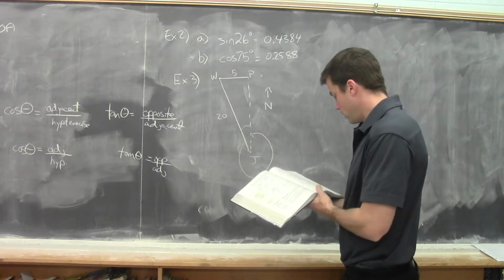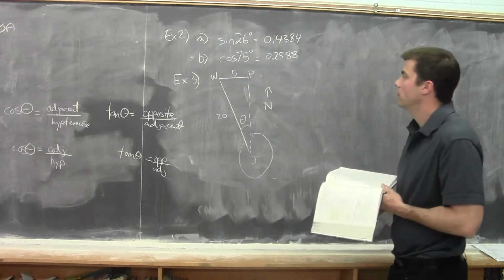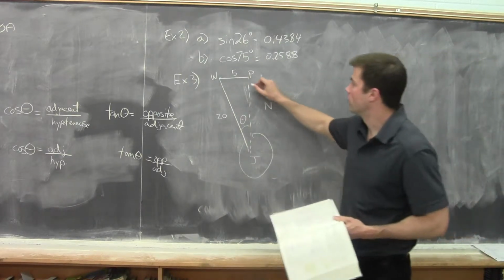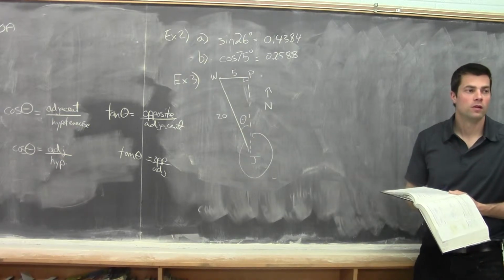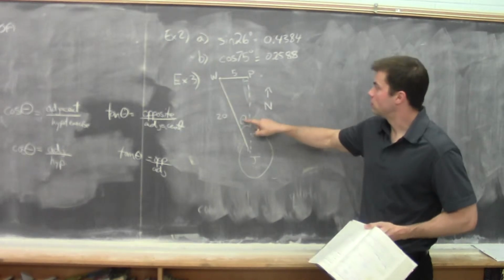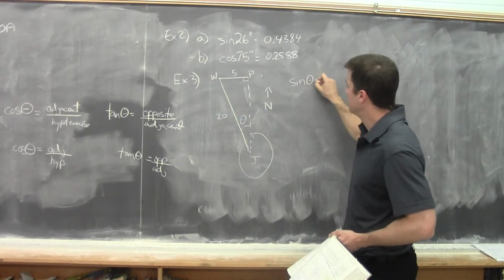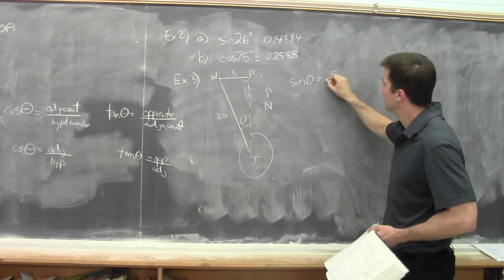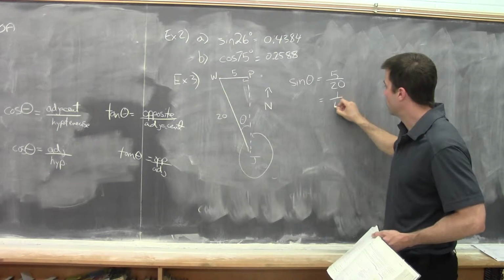Alright, so if we label this theta in here, who can tell me what ratio we're going to use? Just 2 people? Sine. Sine, okay, so you're saying opposite over hypotenuse. I'd agree, good. So sine theta is going to be equal to 5 over 20, which is also equal to 1 over 4, right?